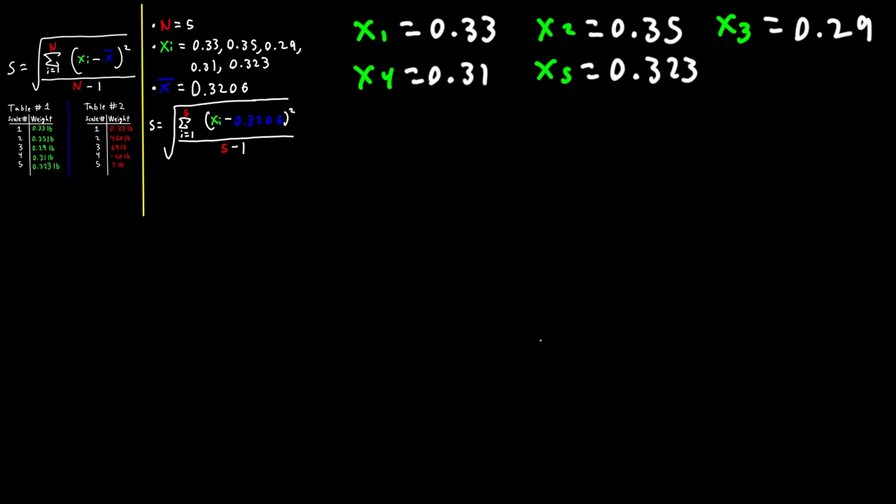Now let's do the math. I've set x of 1 equal to 0.33, x of 2 equal to 0.35, x of 3 equal to 0.29, x of 4 equal to 0.31, and x of 5 equal to 0.323. So now we need to solve for the summation.